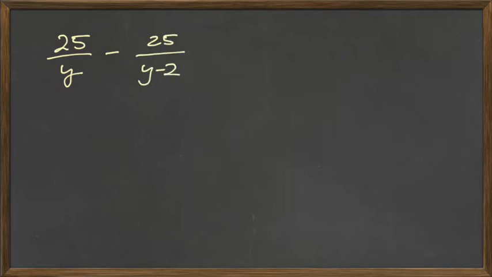Let's do one more that actually isn't that easy. Like the one you have on the review and the one I just gave you. That is a little too easy for my taste. How about this one here? 25 over y minus 25 over y minus 2 equals 2 over y.